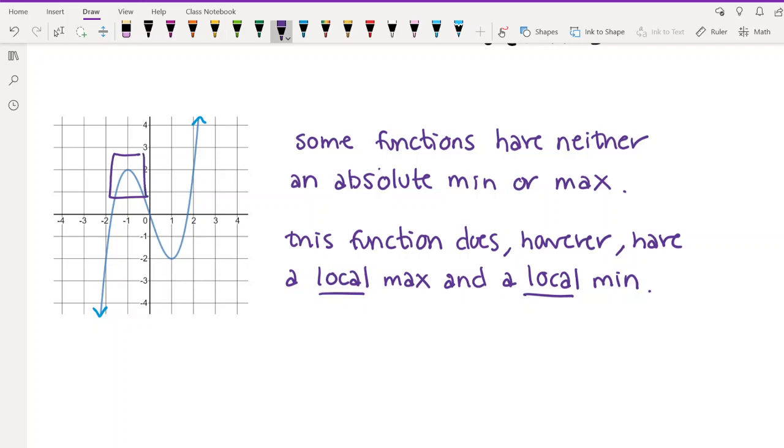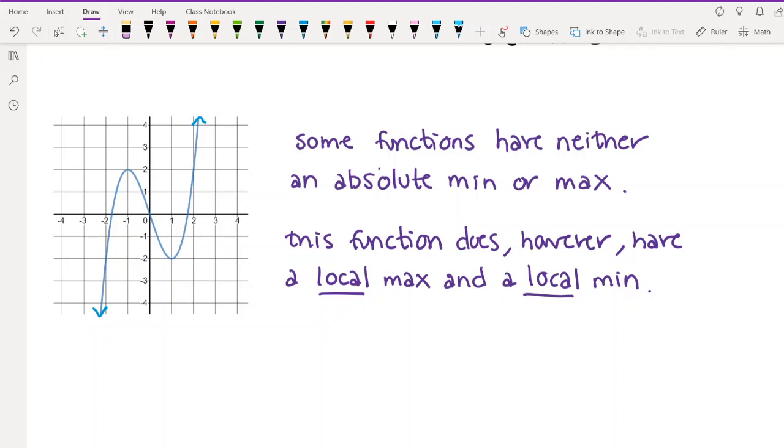Think of that as a neighborhood, a local little area, a little zone of our graph. Locally, if you ignore everything else in this picture, well, then we do have a maximum, right? And similarly, if you restrict your graph and ignore everything else out here, well, then you do have a minimum. And so that's why the word local is used, because it's kind of like ignoring the big picture and focusing in on a smaller version of the graph.